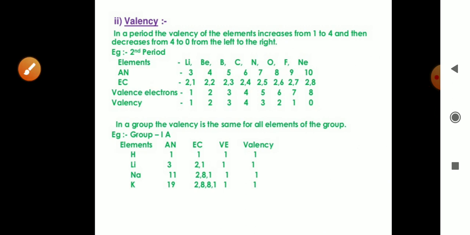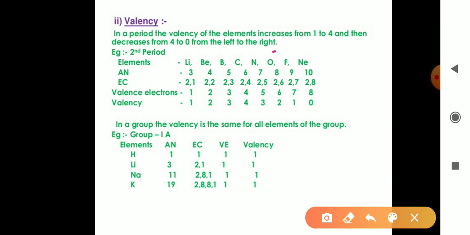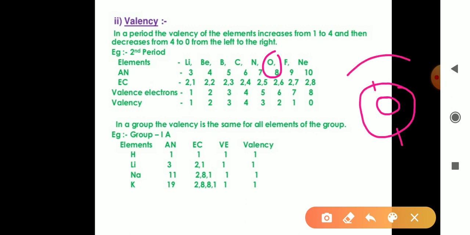Then check one more example. Next to fluorine is oxygen. Oxygen has atomic number 8, that is electrons are 8. So nucleus, first shell contain 2 electrons. Now second shell. Now 2 electrons in first shell. So remaining 6 electrons in the second shell.